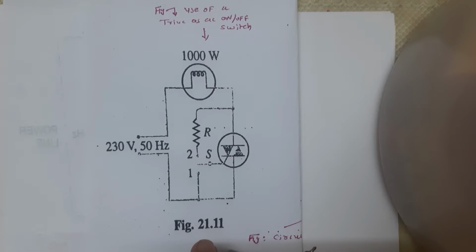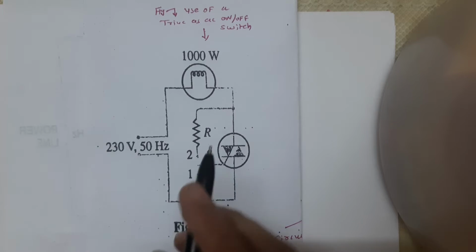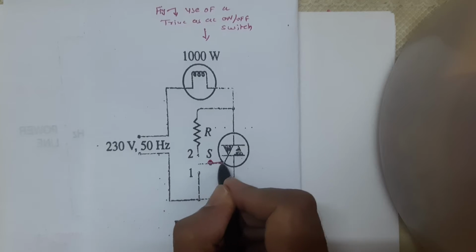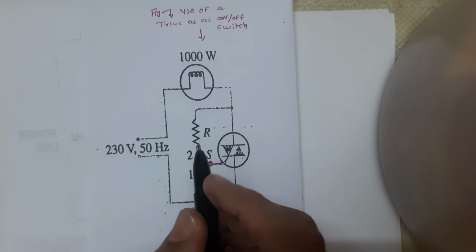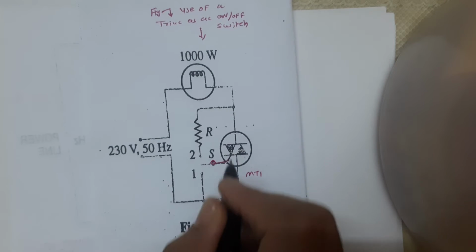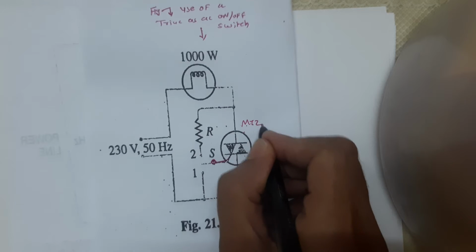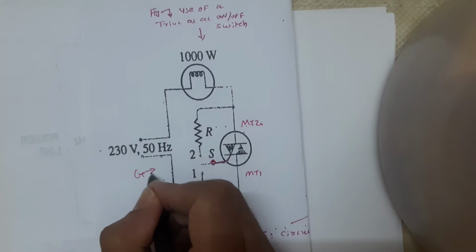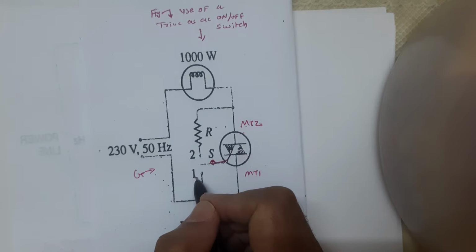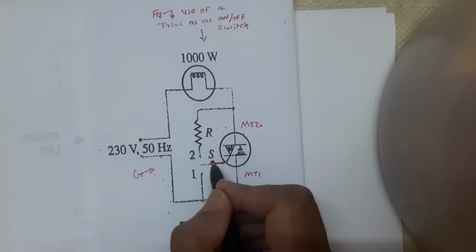From the figure, consider the switch S. This is your triac, this is your switch S, MT1, and this is your MT2. In the gate we are applying the signal.